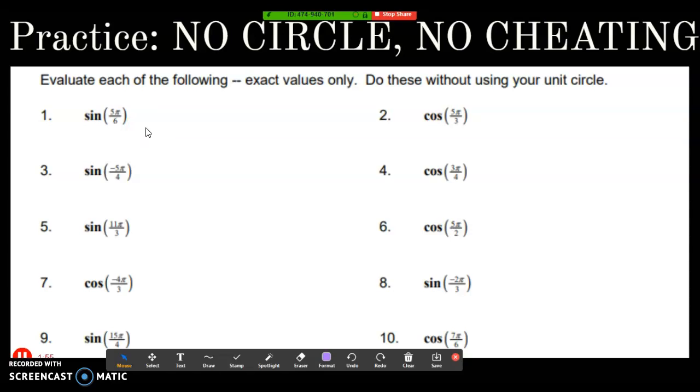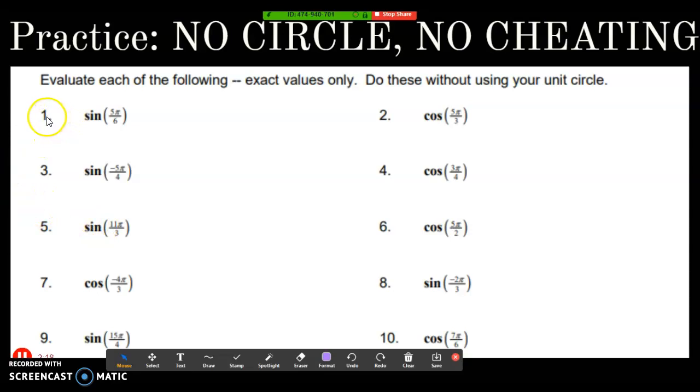So I want you to be very comfortable with doing it in degrees and doing it in radians. I will focus on numbers 1, 3, and 5. So we'll do numbers 1, 3, and 5 together, and you are going to do the rest of these problems by yourself, and then you'll move on and you'll do the Khan Academy assignment.